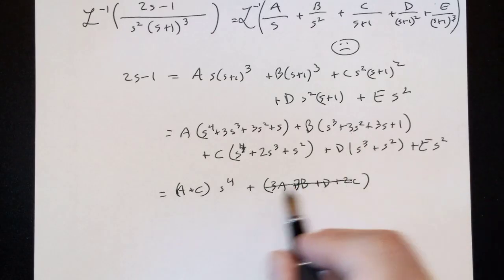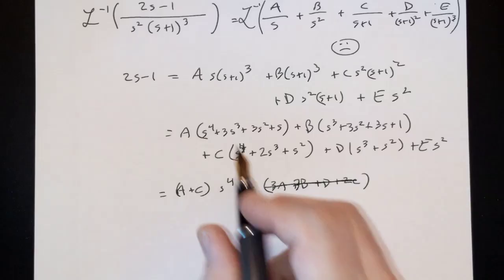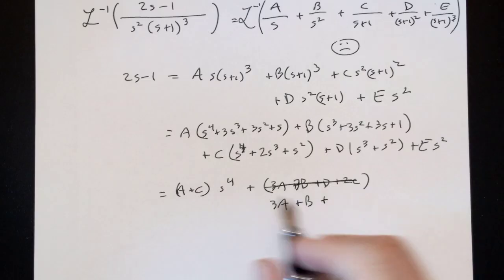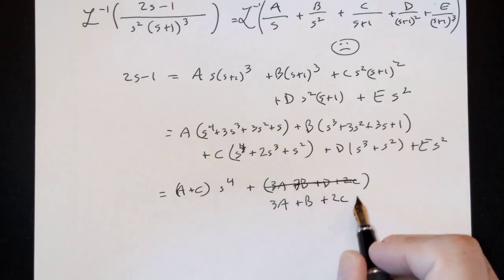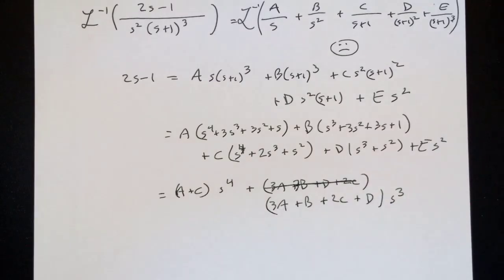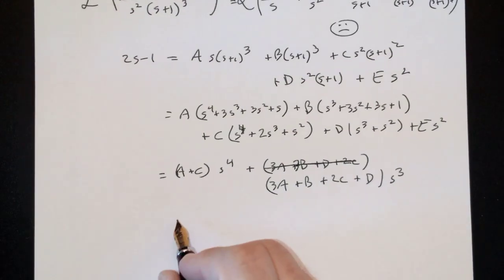No, I'll get it right the first time. 3A plus B plus 2C plus D for s cubed. How about s squareds?